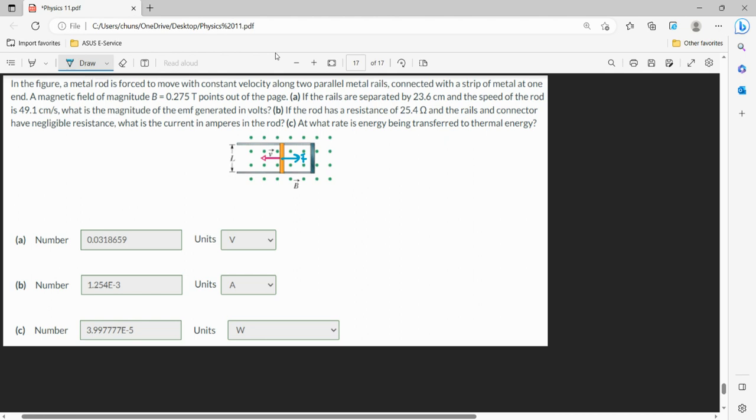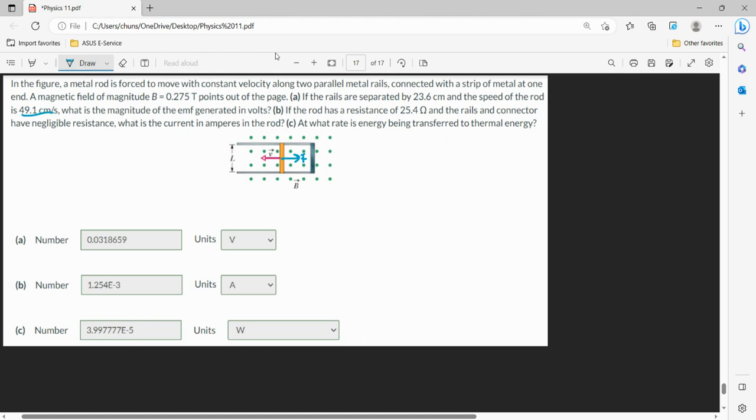The magnetic field is 0.275 Teslas out of the page. And if the rails are separated by a certain distance and the speed of the rod is given, what is the magnitude of the EMF that's generated? And if the rod has a resistance, what's the amperes in the rod? And at what rate is energy being transferred to thermal energy?